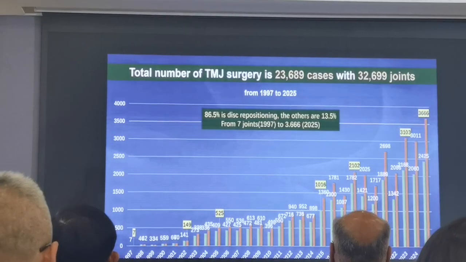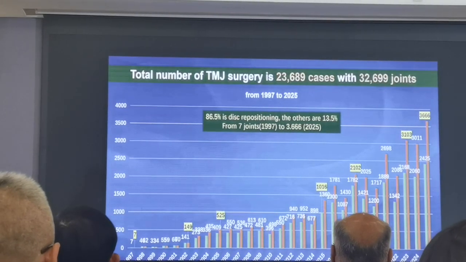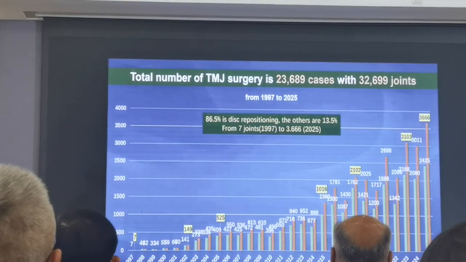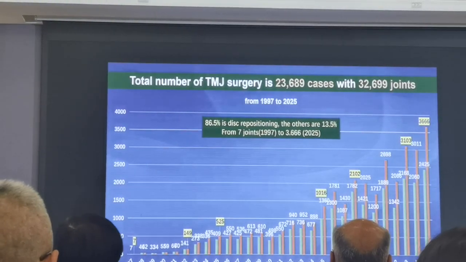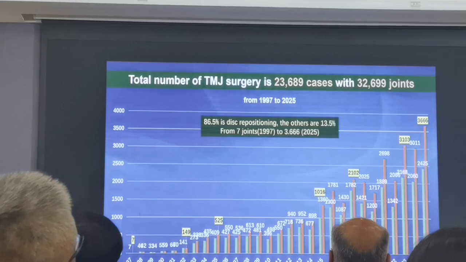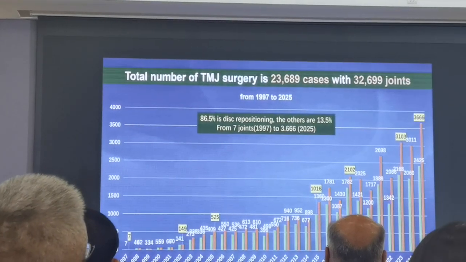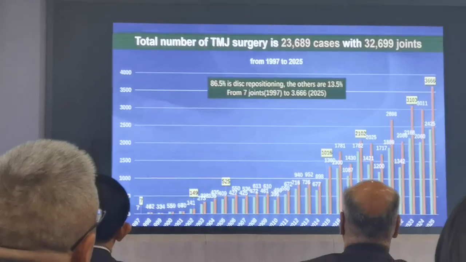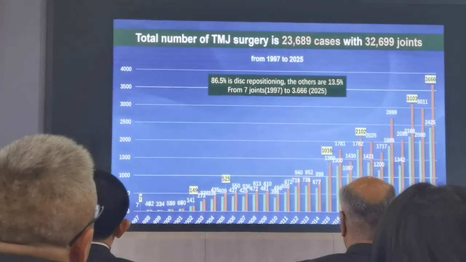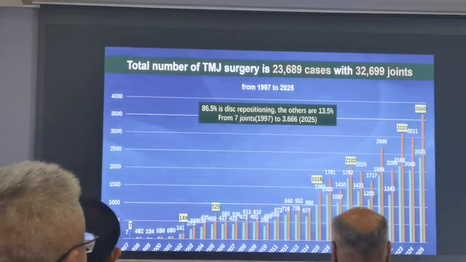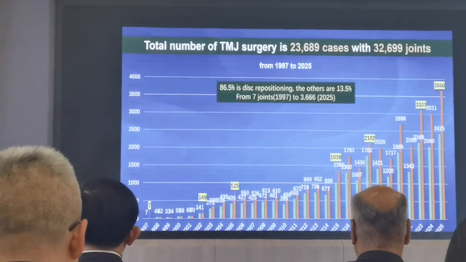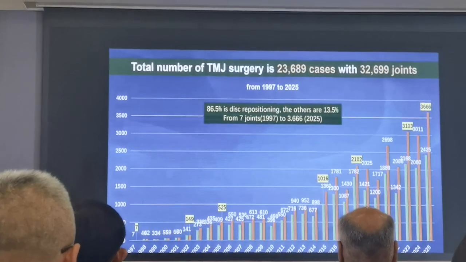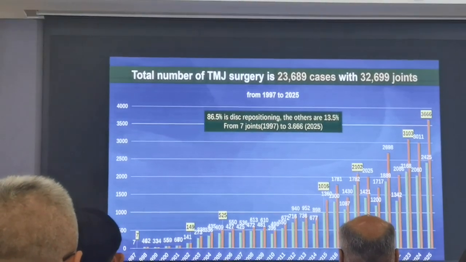Now, pay attention: from 7 joints to 3,600 joints per year. There are some milestones from the 7 joints to 100 and 500, 1,000, 2,000, 3,000.